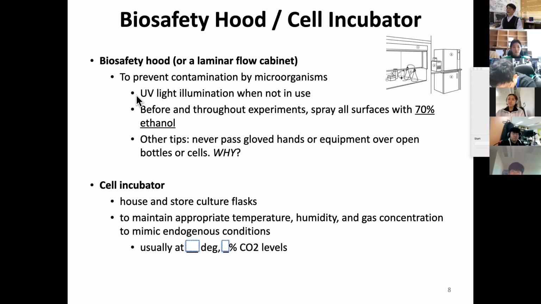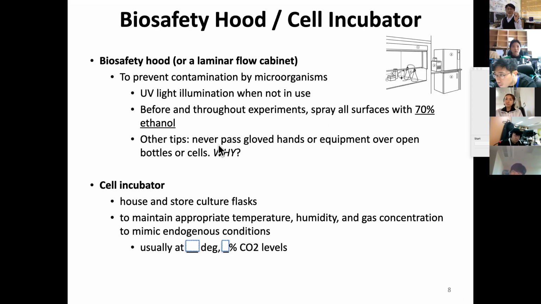While this is a lecture, if you haven't done this, I would strongly suggest you talk to the people and watch. There are a number of classmates who are actually running cell culture experiments. You'd better actually observe and watch, okay?